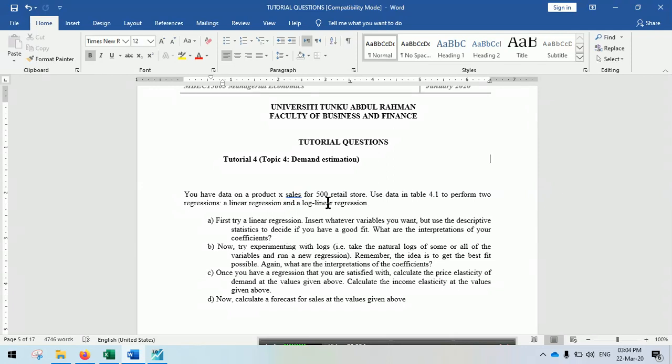And we can also calculate some elasticities: price elasticity, cross elasticity, income elasticity, maybe advertising elasticity.